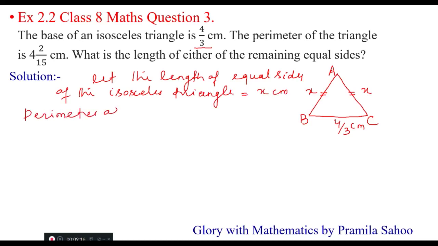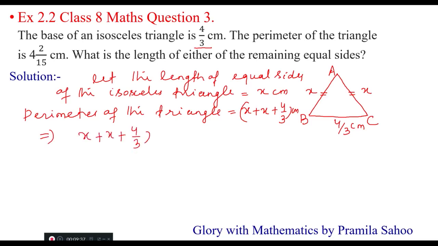So perimeter of the triangle is equal to x plus x plus 4 by 3 centimeter. This is equal to 4 2 by 15 according to the question, as it is given in the question.